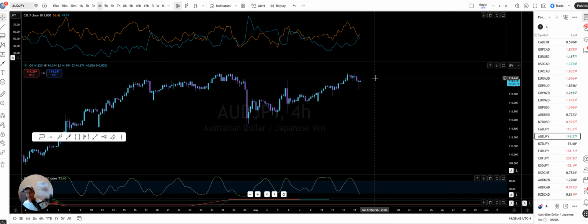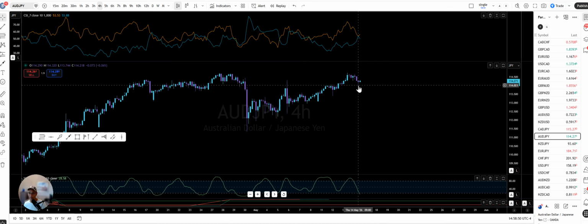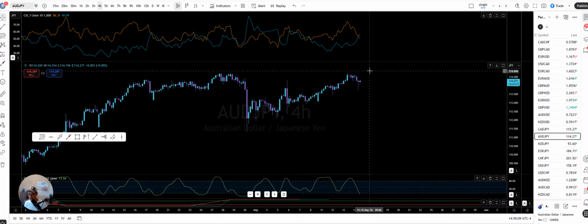Now, if I did take this, I can tell you I would not be putting my stop below this candle. I'd probably put it down below this next one because during the changeover from New York to Asia, I would not be surprised to see a big liquidity spread, thin out, and then you go down and you get tapped out. They go down and nail this area again and stop you out.